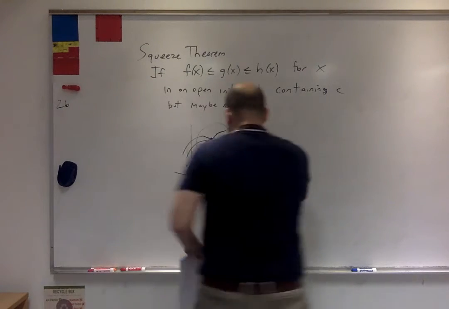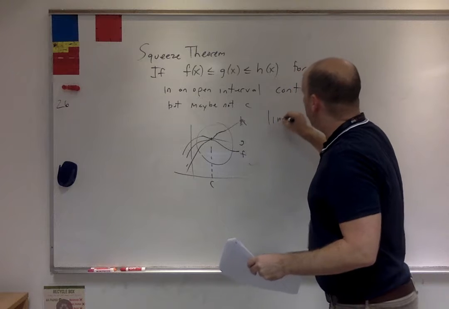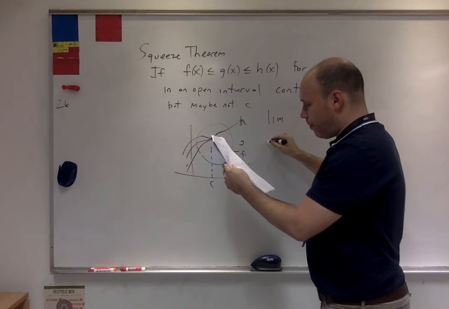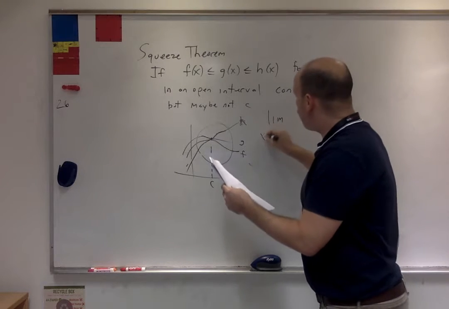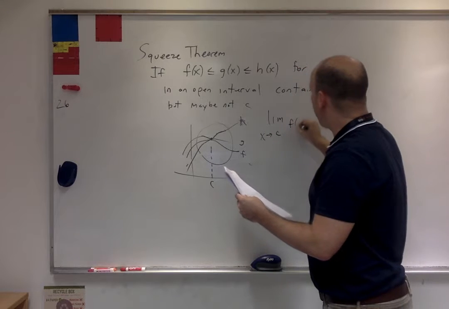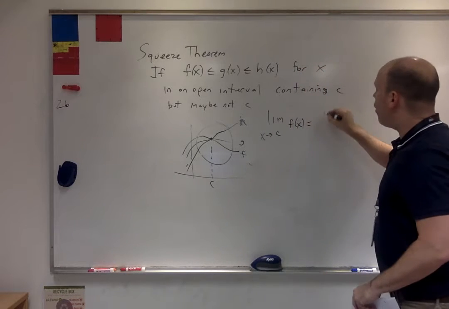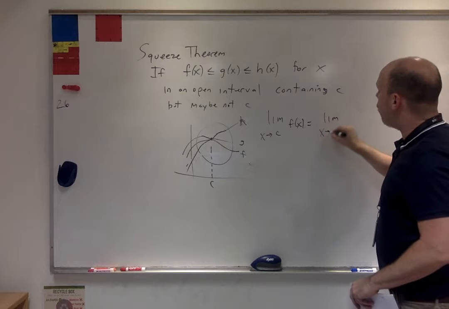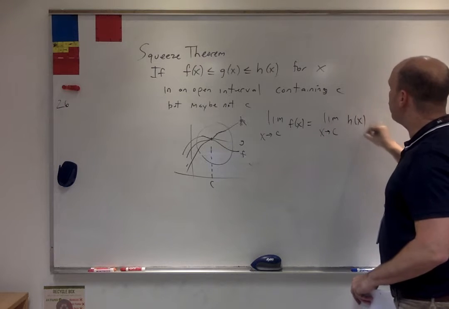Now, I'm also going to tell you that the limit as x approaches C of f of x is equal to the limit as x approaches C of h of x.